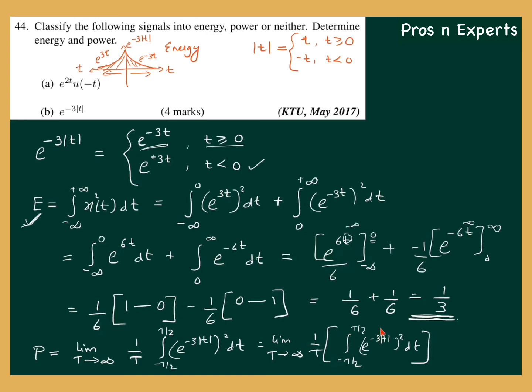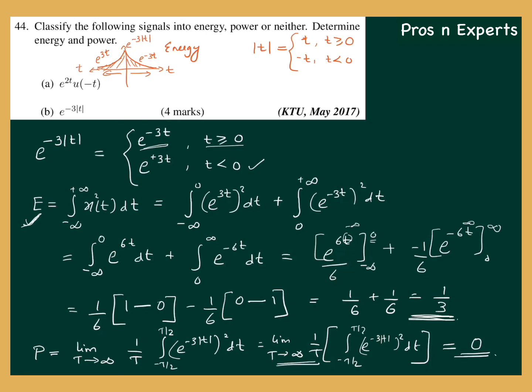Here in this bracket there will be some term with e raised to minus 3 capital T. We cannot take T outside the bracket, so it will not cancel with this 1 by T. So what you will encounter is limit T tends to infinity 1 by T, which comes to be 0. So this integral will end up in 0 because of this factor.